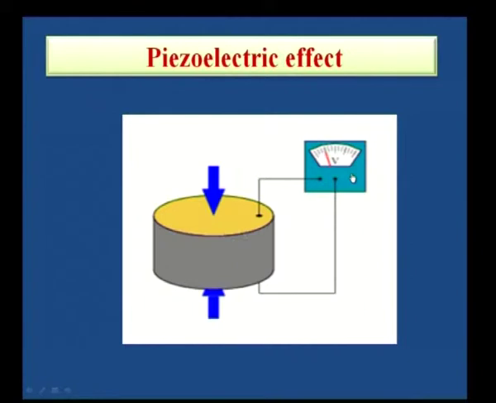Now, in the inverse piezoelectric effect, you apply an alternating voltage. What will happen to the crystal? When the voltage is very high, the thickness may go down; when the voltage is removed, the thickness will come up. Thickness vibrations will be developed in the piezoelectric material.